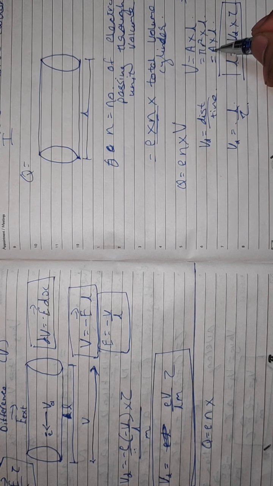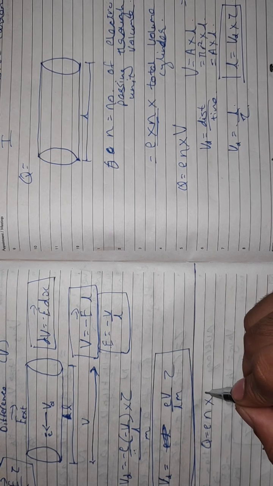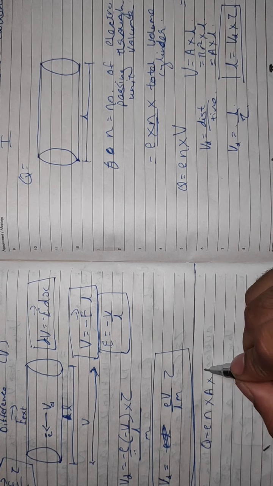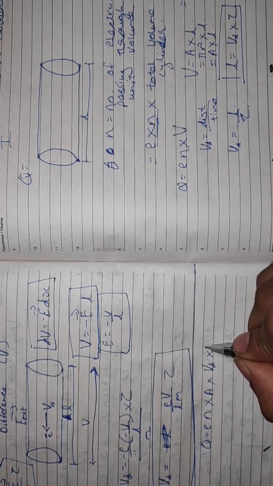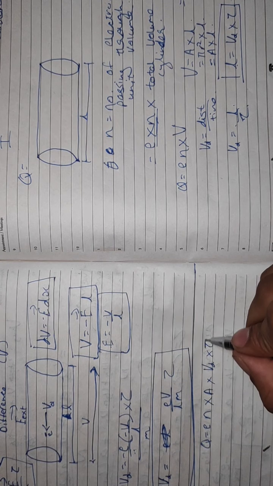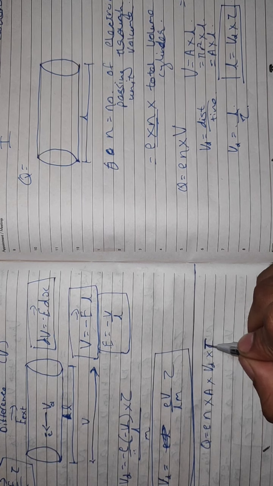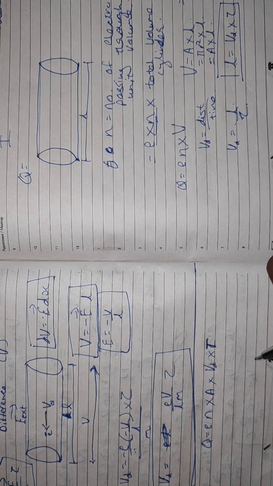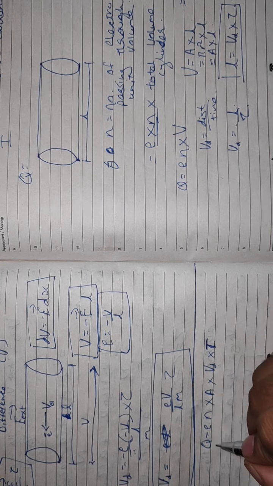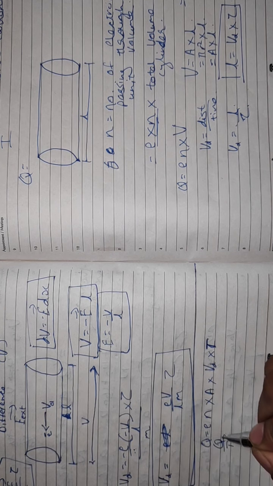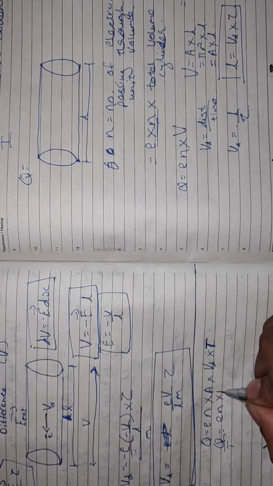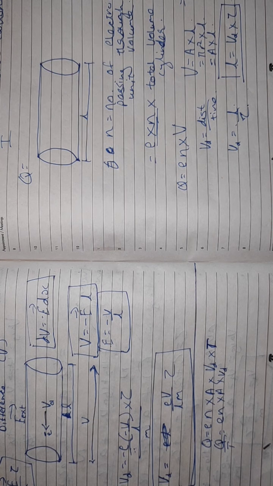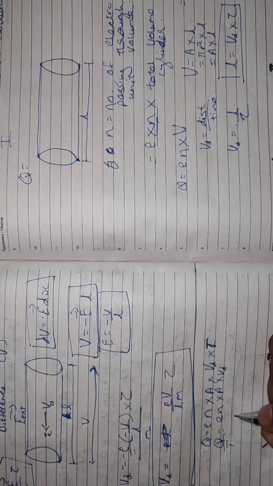Instead of volume, we'll write A into L. Instead of L, what we have derived, Vd into tau, or you can directly write T, that is total time. Now you know the formula of electric current, that is charge per time. So Q by T is equal to e n A Vd. What is Q by T? Q by T will be equal to I, that is current.